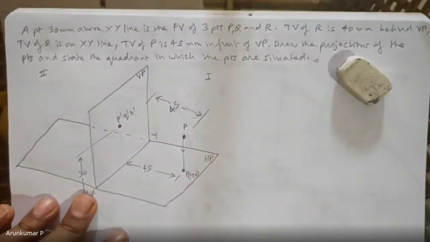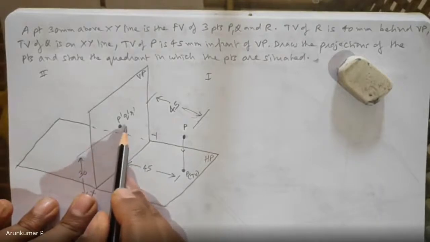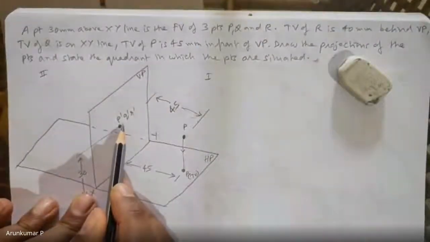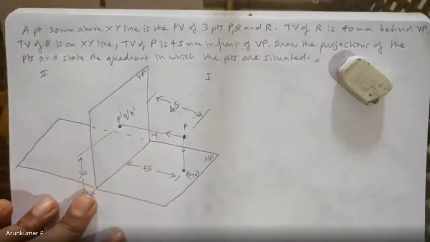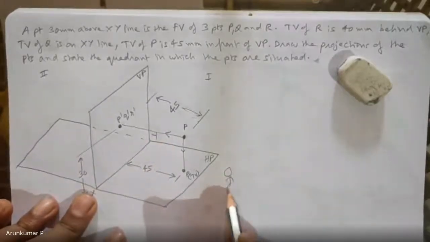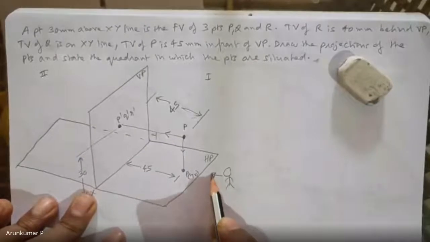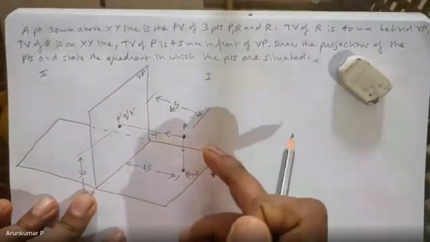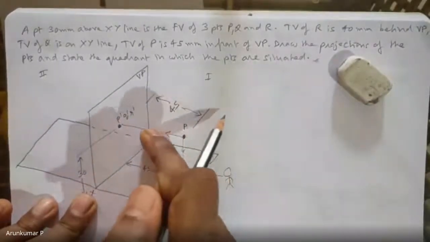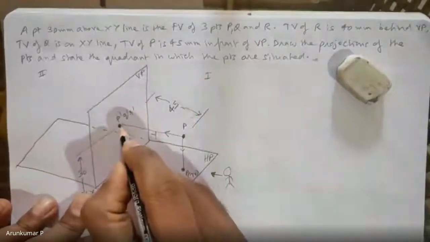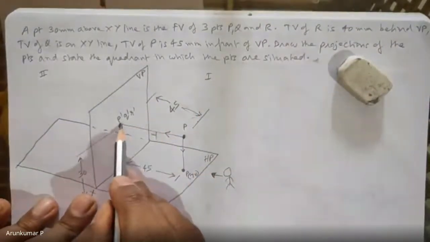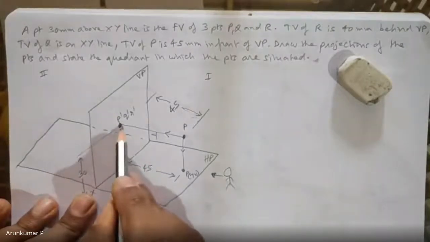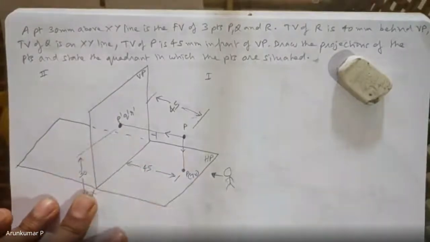Now tell me, where is the front view of this point? You are here as an observer. This is your viewing direction. So if I draw from the point P, I'll draw till VP, then will it coincide with this point which is 30 mm above on VP? Will I get P dash here, front view?